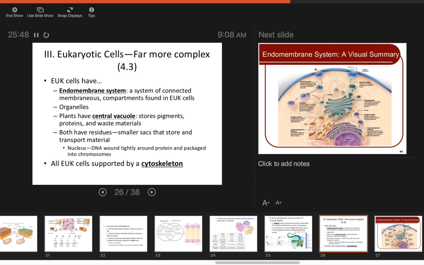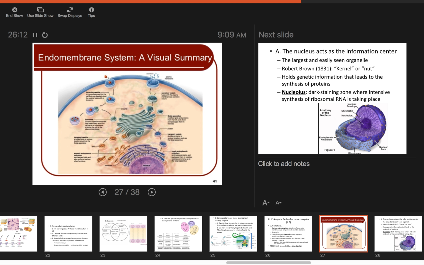I'll show you a crazy video of how the nucleus moves things in and out of it. It's kind of scary. And then all eukaryotic cells are supported by a cytoskeleton. We'll look at the components of a cytoskeleton, and there are 3 of them. Offhand, actin, microtubules, and intermediate filaments.